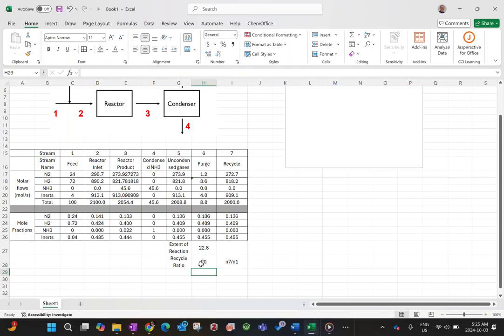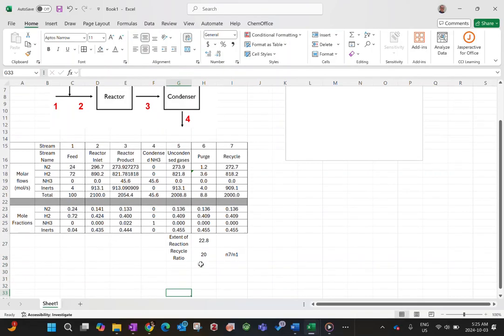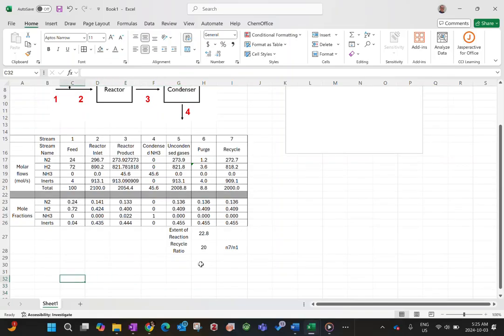So basically now we need to solve for the equilibrium condition to make sure that everything sort of works out. So, if we had a fixed recycle ratio, like let's say that you knew that the recycle ratio was 20, but it was not at equilibrium, then we solved it, right? You set the recycle ratio to be 20, you solved everything else as a function of that, and this is done. So that's all good.